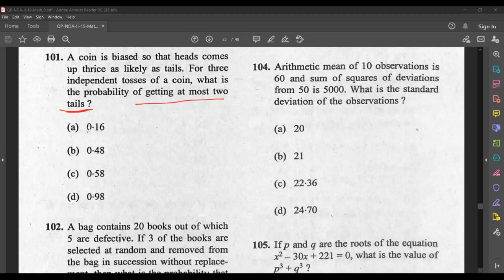So the options are 0.16, 0.48, 0.58, 0.98. All of you try yourself. First of all, try yourself. If you get the answer, just comment that.